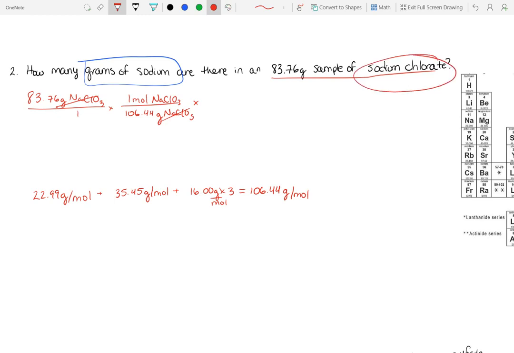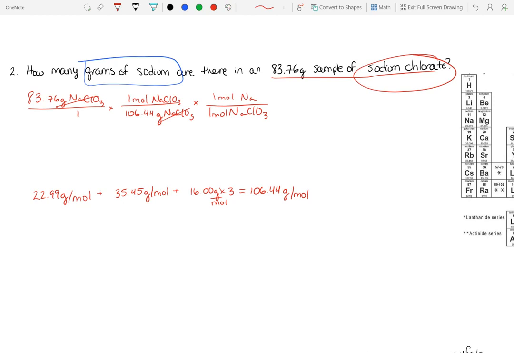To calculate that, you just look at the subscript of sodium, and you see here that sodium has an imaginary subscript of 1. So in 1 mole of NaClO3, we have 1 mole of sodium. And I got 1 mole of sodium just based on the subscript of sodium right here in the sodium chlorate.